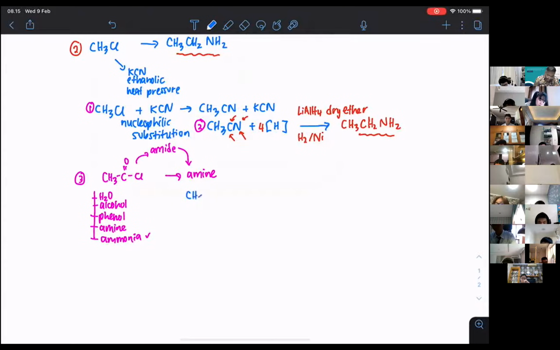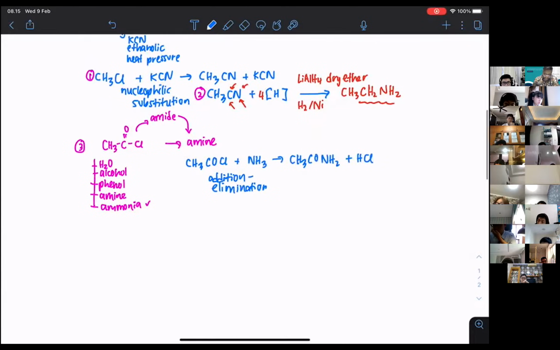So I write CH3COCl and react with ammonia. Do remember, this is an addition elimination reaction. You will get CH3CONH2 and HCl. This reaction happens at room temperature, because ethyl chloride is very reactive. So you get the amide here.